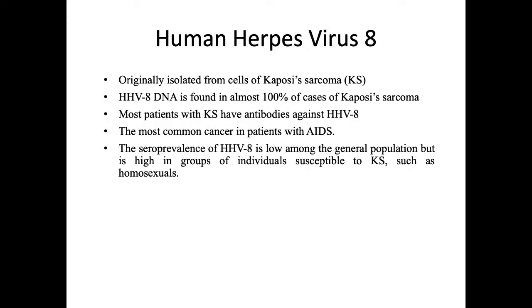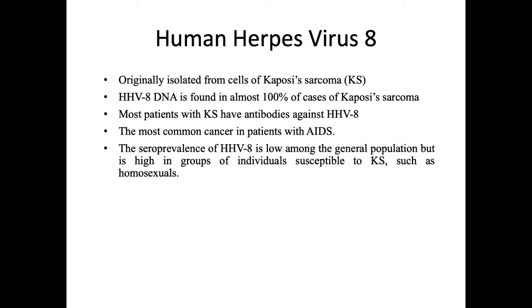And the last herpes virus to discuss, this is human herpes virus 8, also leading to cancer. It leads to Kaposi sarcoma. This is cancer of endothelial cells of the blood vessels, and this human herpes virus 8 is not as common as other herpes viruses.